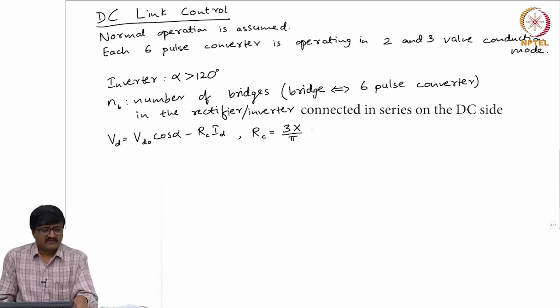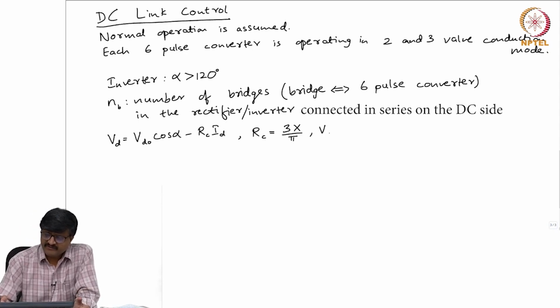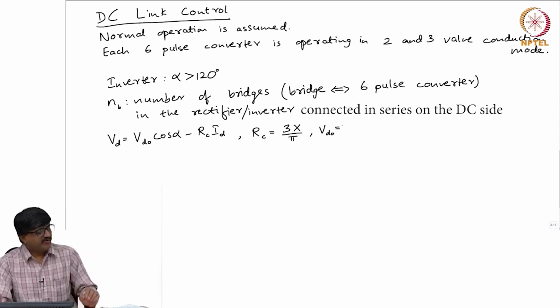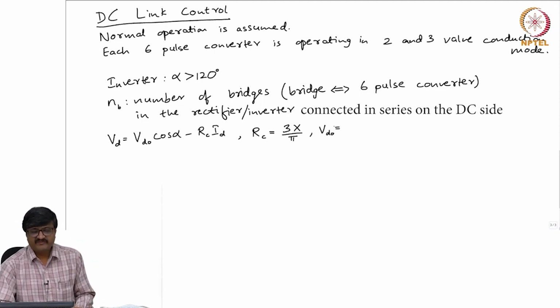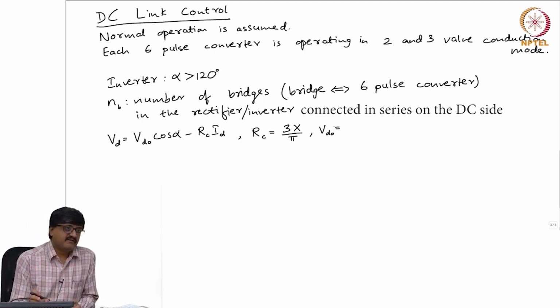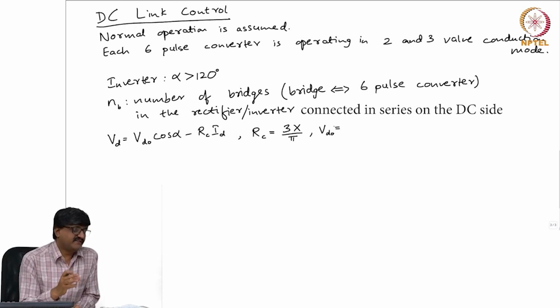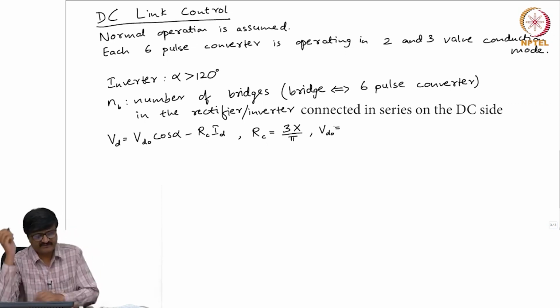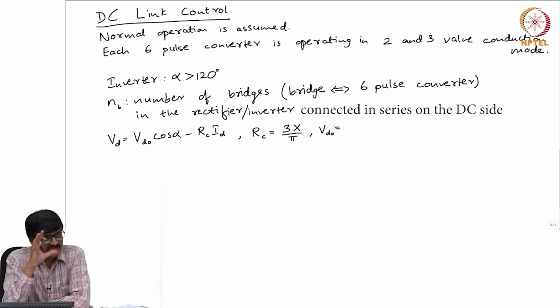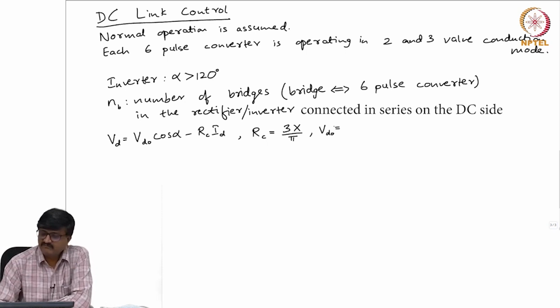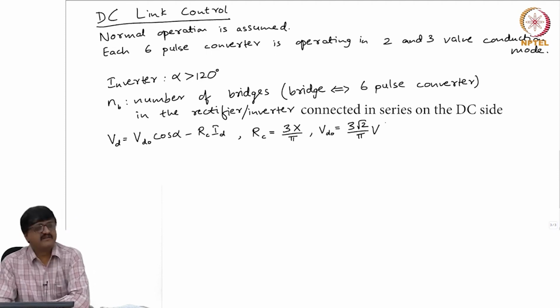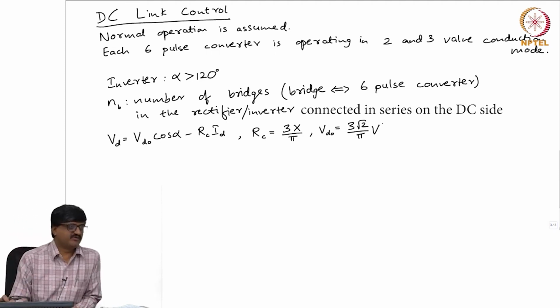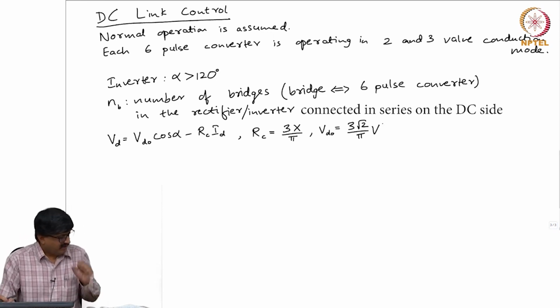Now, what is VDO? We got the expression for VDO in terms of the line to line voltage of the source. The AC side is represented by a voltage source in series with an inductance. So, in terms of the magnitude of the voltage of the source, we can write VDO: it is 3 root 2 by pi into V. V is the line to line RMS value of that source voltage, the 3 phase source voltage.